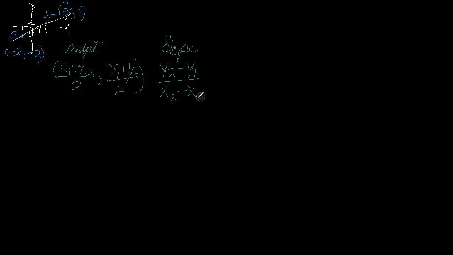And then with that information, the distance between point A and B can be established as the square root of delta x squared plus delta y squared. So the run squared plus the rise squared.